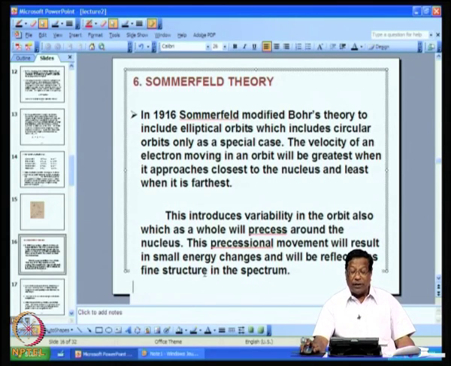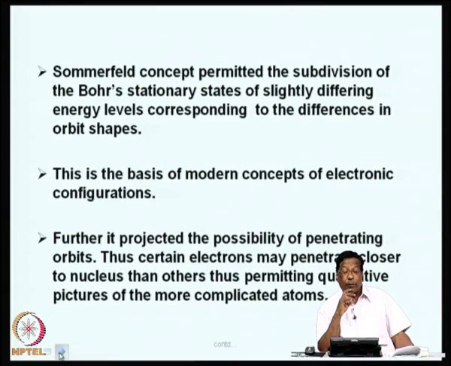the electronic structure. So, the Sommerfeld concept permitted the subdivision of Bohr's stationary states into slightly differing energy levels corresponding to the differences in orbit shapes. This is the basis of modern concepts of electronic configurations.